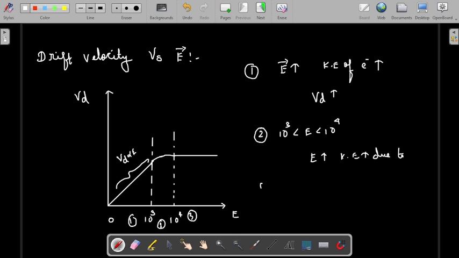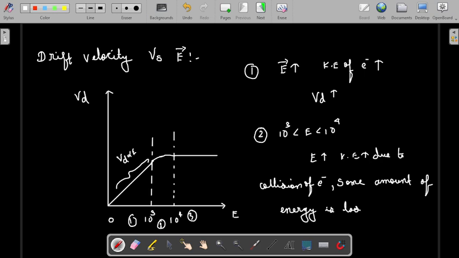Due to the collisions, some amount of energy is lost in the form of phonons, like heat. Usually we mention it as a phonon, that is h nu. So that energy is lost in the form of heat.